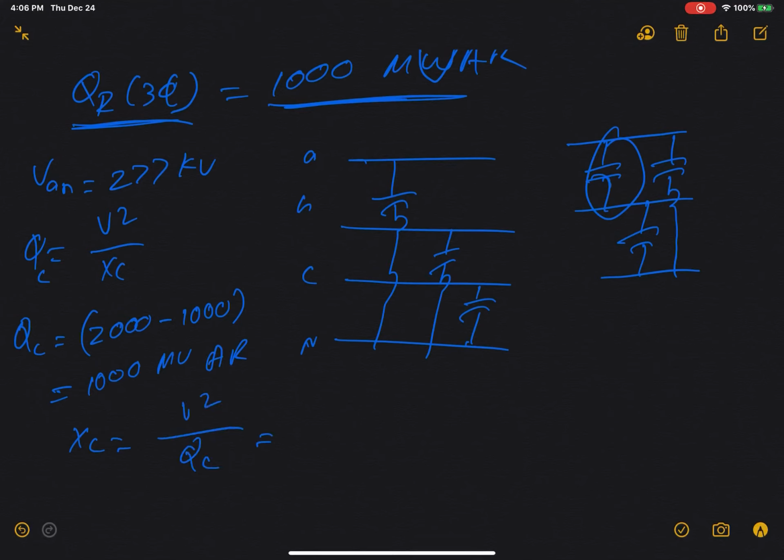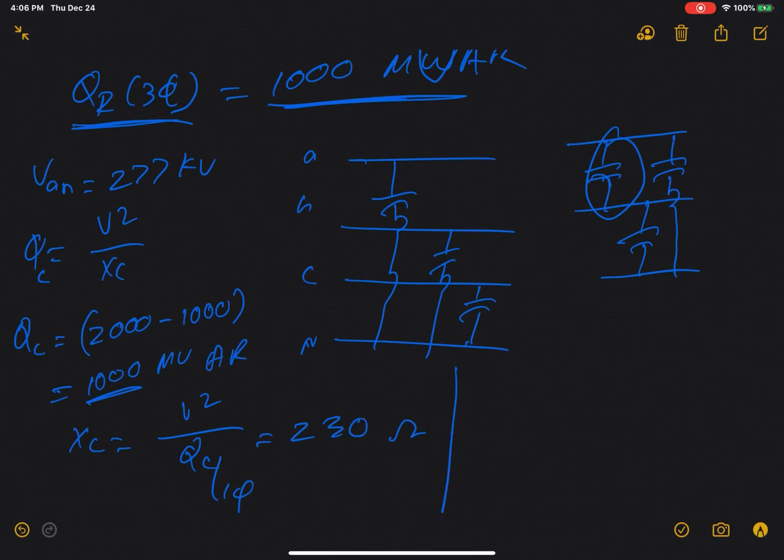I can easily find XC. XC would be V squared over QC. If I put the values back there, that should be 277 squared over, for the per phase, it would be 1/3 of this. So per phase is 1/3 of that, which would be 333.33. So I have 230 ohm, right?